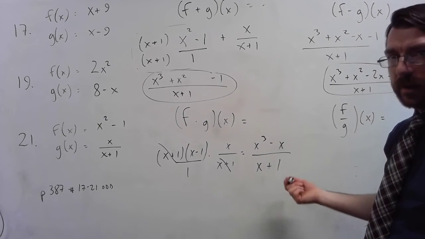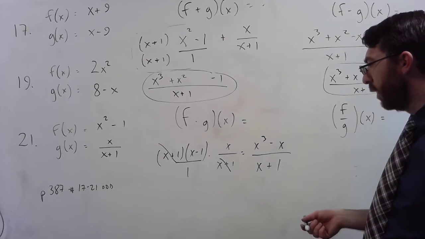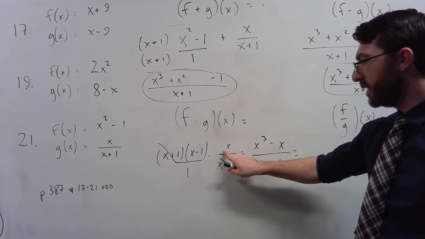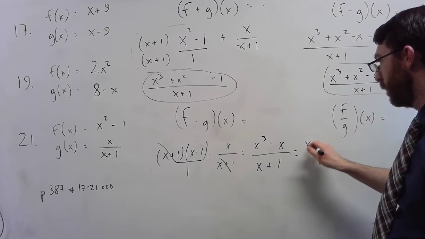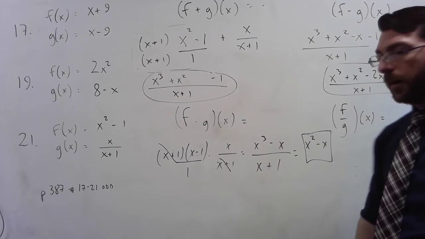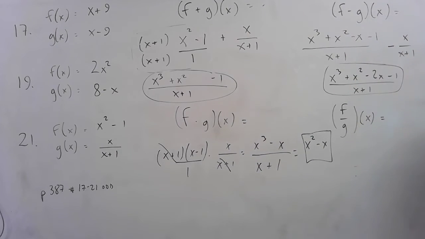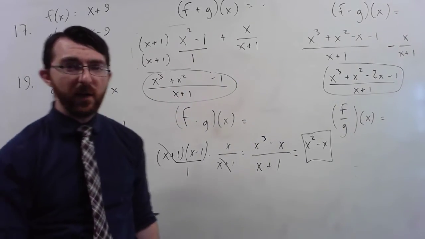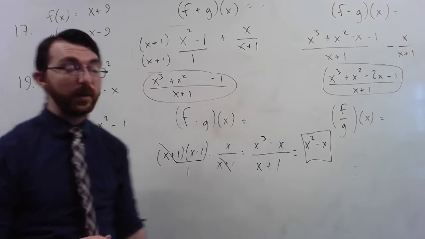Well, they have in common the factor x plus 1. So if you reduce this, it's actually just x minus 1 times x. That was the answer. Okay, I think I had mentioned in class that something wouldn't have to be canceled out, and I did not see that coming, so sorry about that.